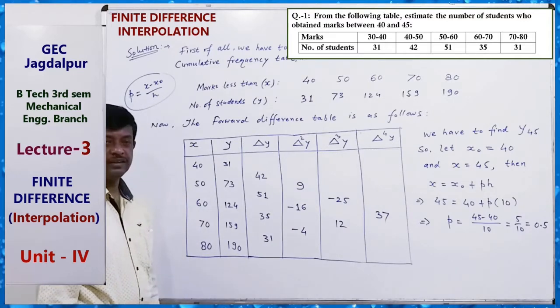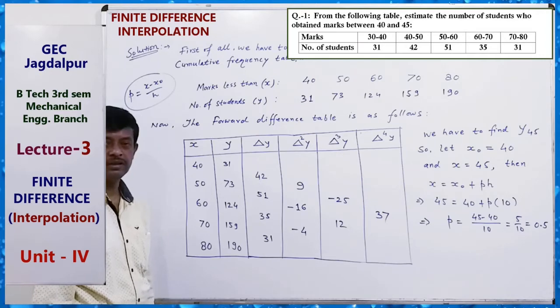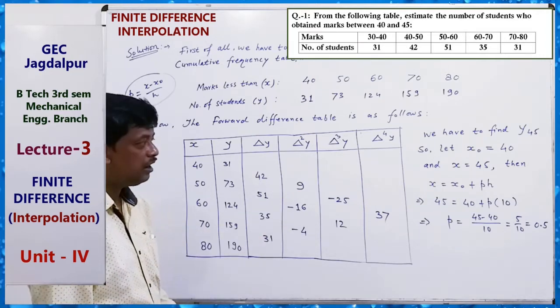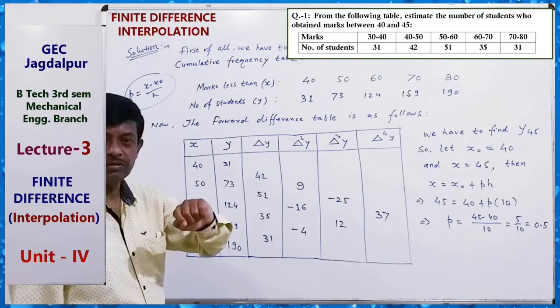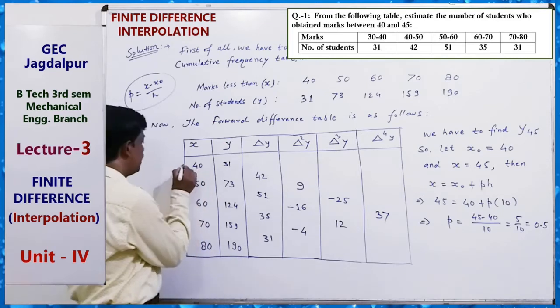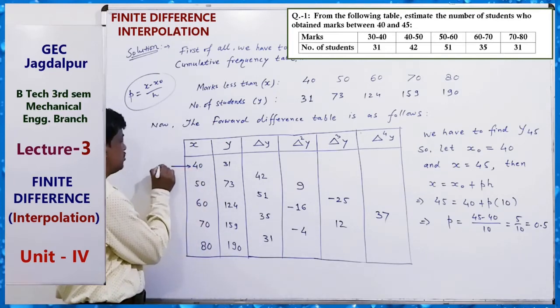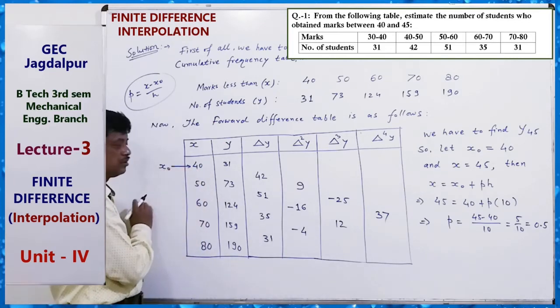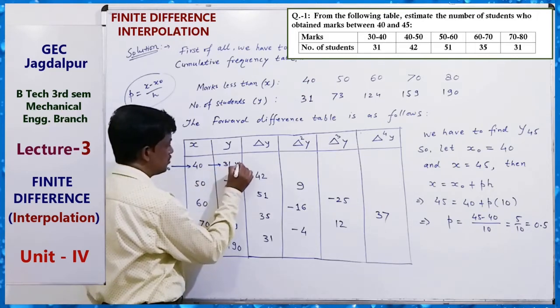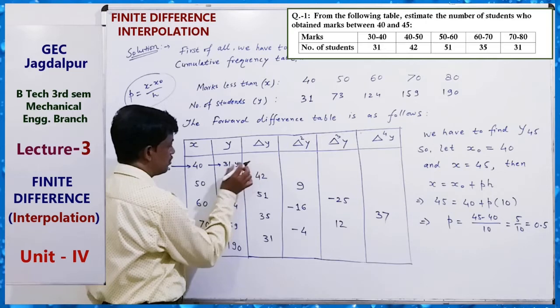Now for finding y45, the formula contains p and y0 and all the differences of y0. So here this is x0, so this is y0. This is y0.